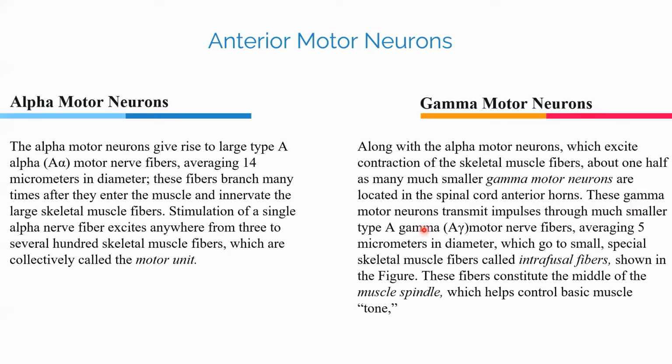These gamma motor neurons transmit impulses through much smaller type A gamma or A gamma motor fibers, averaging 5 micrometers in diameter, which in turn go to small special skeletal muscle fibers called the intrafusal fibers, shown in the figure that we will just look into. These fibers constitute the middle of the muscle spindle, which help to control basic muscle tone.